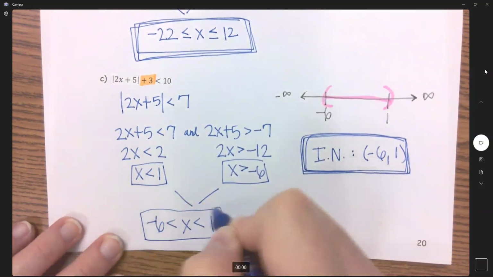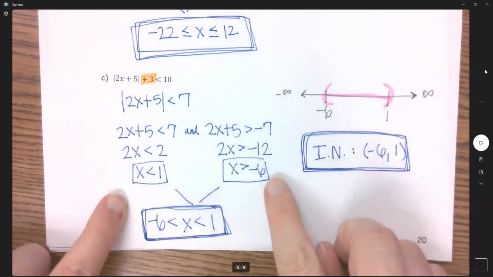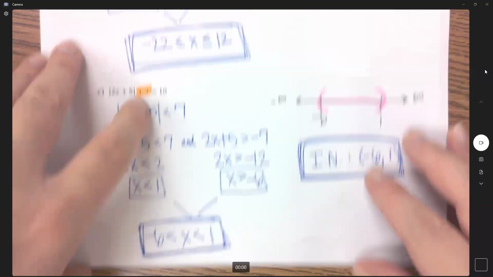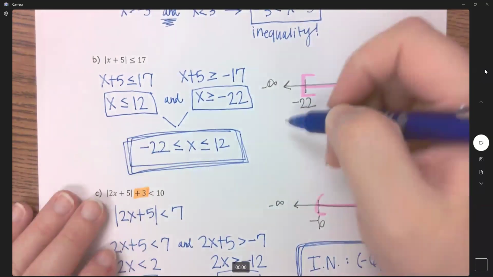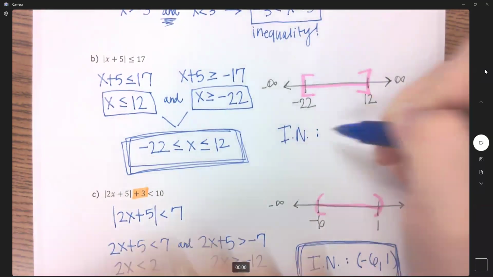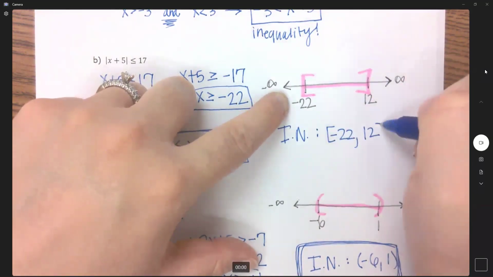And so there is this one inequality here representing these two right here. And if I back up just a little bit, we never wrote this one in interval notation. So if we write this in interval notation, this is bracket negative 22 to 12 with a bracket.